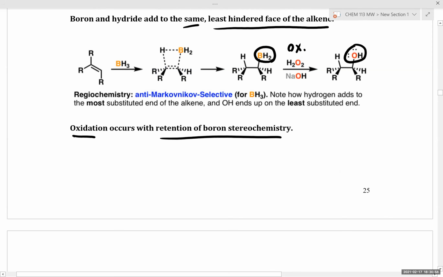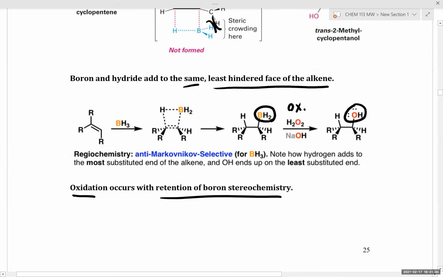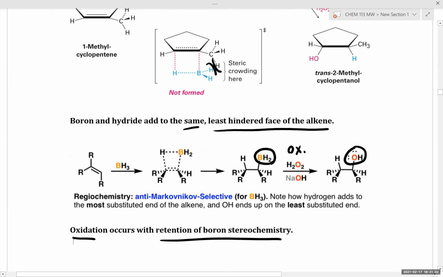The least hindered face, we'll see in an example where essentially we have molecules with more three-dimensional shape where the two faces are non-equivalent. The boron will try to add to the least hindered face.